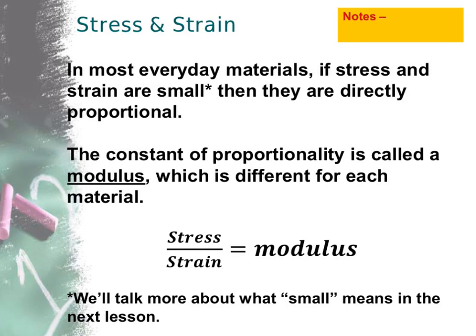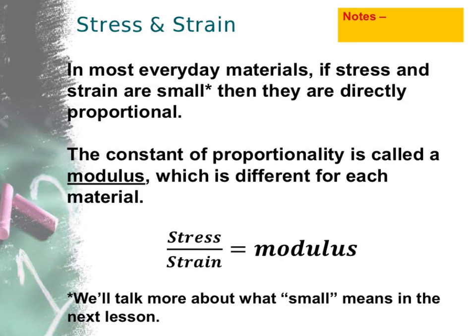Now, in most everyday materials like aluminum, metal, wood, usually with everyday forces, the stress and strain experienced by objects is actually very, very small. If it is very, very small, then we can say that the stress is proportional to the strain, or the strain is proportional to the stress.